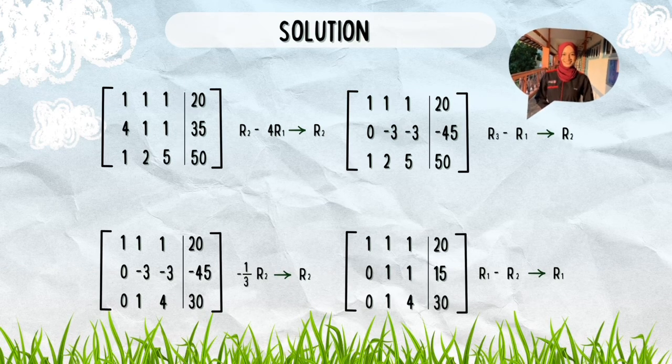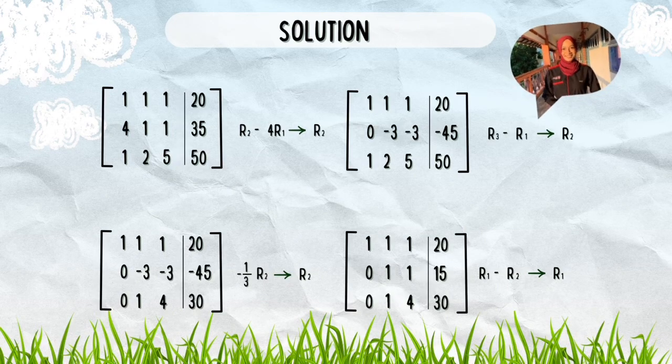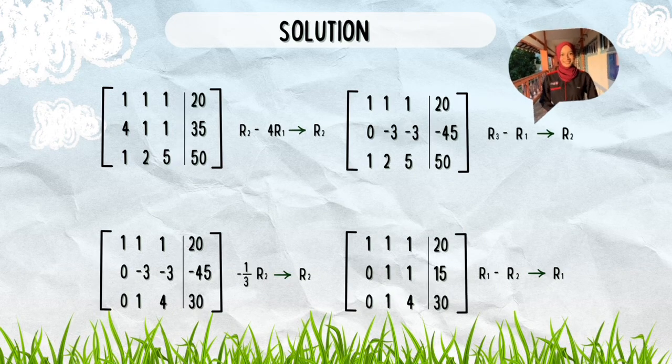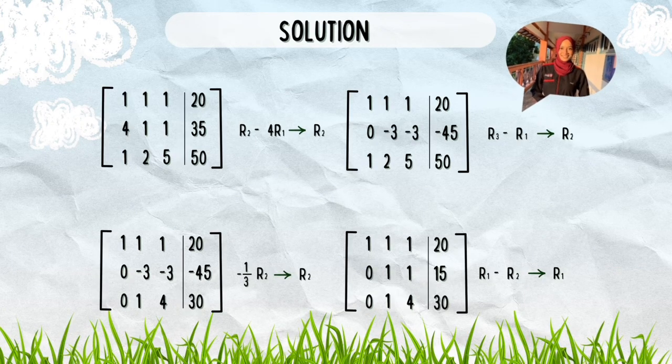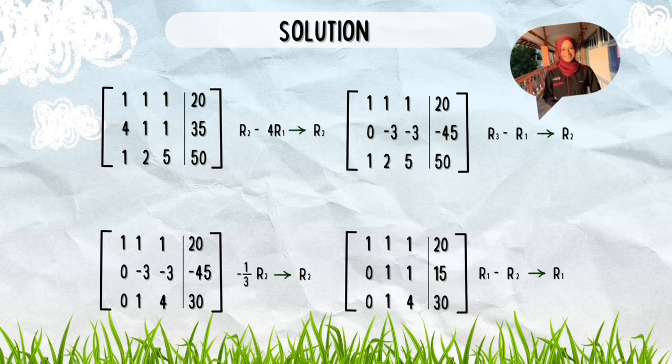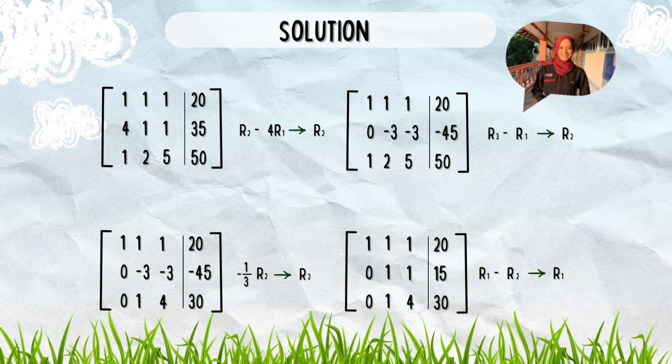Next, we move to the solution. Since we have the leading 1 in the first column, we don't need to change anything in row 1. Then we have to make row 2 in the first column 0, so the equation is row 2 minus 4 row 1 equals row 2, and it becomes 0.